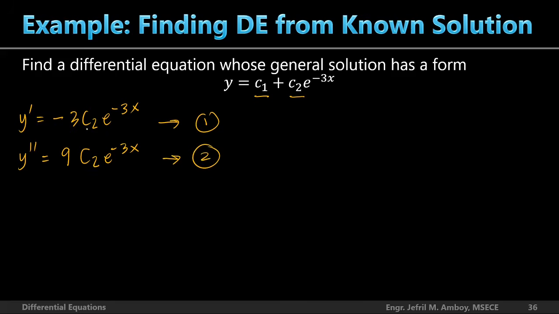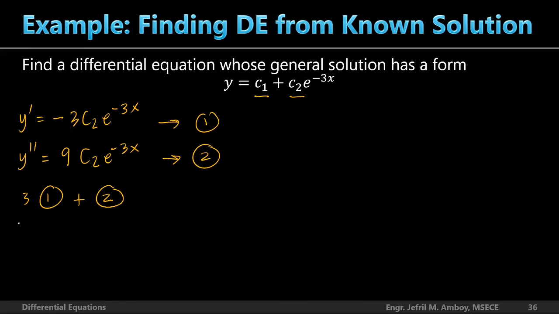If I multiply this by 3, then I will get a term here, negative 9c2 e to the negative 3x. And if I add them together, the term containing c2 will vanish. Okay, so what we will do is to multiply equation 1 by 3. Okay, 3 times equation 1 and then we add it to equation 2. So I call this the elimination method.